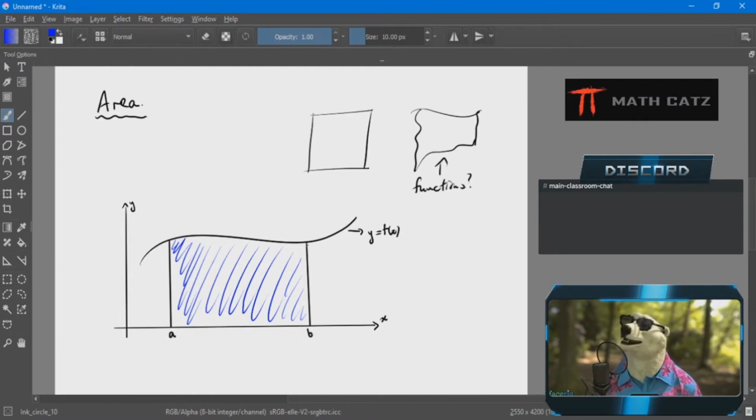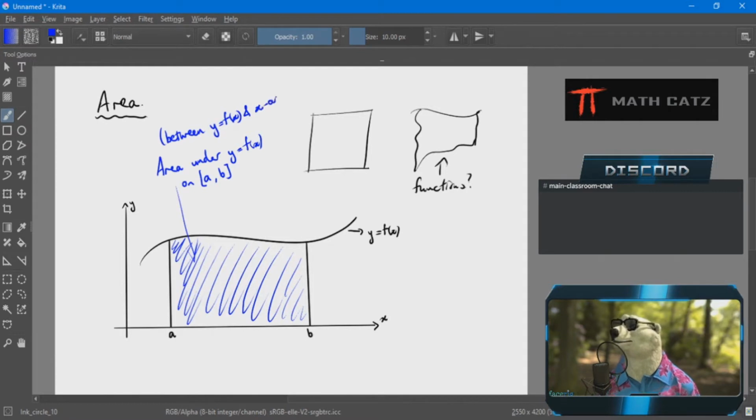So in the simplest case, I have straight lines. I can just put it on the x-axis, and I'm asking for the area. We casually say the area under the graph y equals f of x from a to b, but really, to be more accurate, it is between the graph of the function and the x-axis.